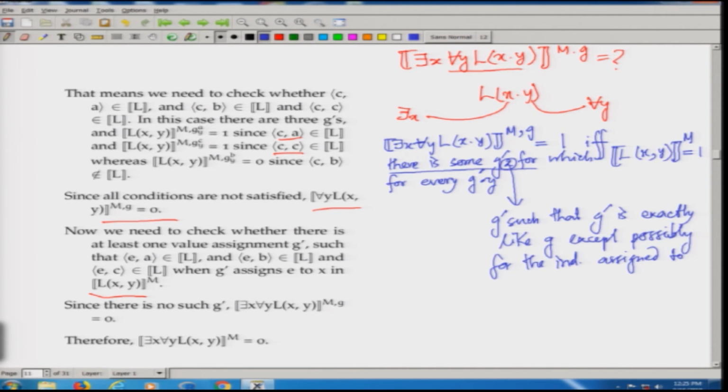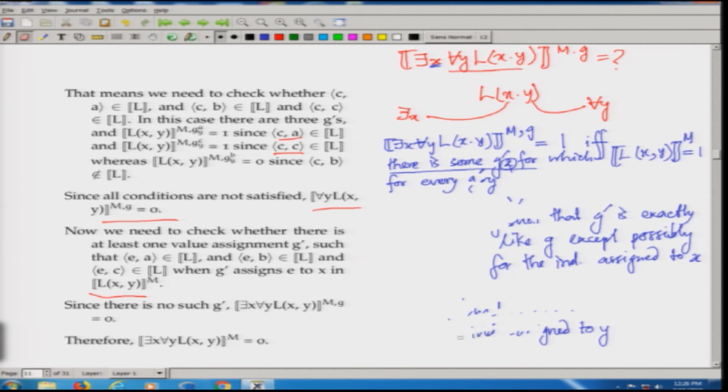In our case the first individual is x, with some to x, and for this g prime we add a g prime such that it is exactly like g except possibly for the individual assigned to y. So, these are the qualifications. The first one gets this and the second one gets this. Now, what does that mean? That means that our checking now has come here.